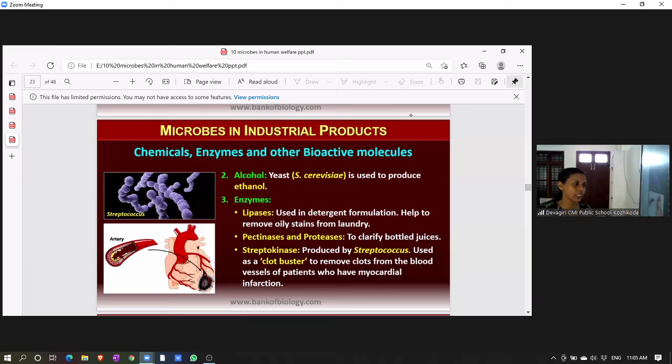Why is this streptokinase used, or how is it used? It is used as a clot buster. What do you mean by clot buster? It removes clots from the blood vessels of patients who have undergone myocardial infarction, that is, heart attack. When a person gets a heart attack because of a block, this is injected so that the clot is removed from the blood vessel.